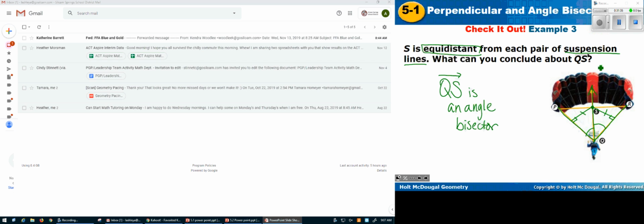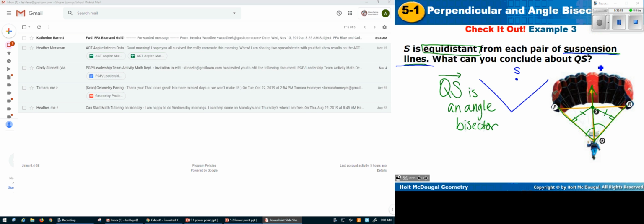So going back to this problem, when it says point S is equidistant from the suspension lines, I'm going to call this S. The suspension lines are here and here. A lot of times students want to think the lines that are drawn in the picture are the ones that are equal. But when we draw distance, just like when I said I wouldn't walk to you to measure my distance, I always go perpendicular.